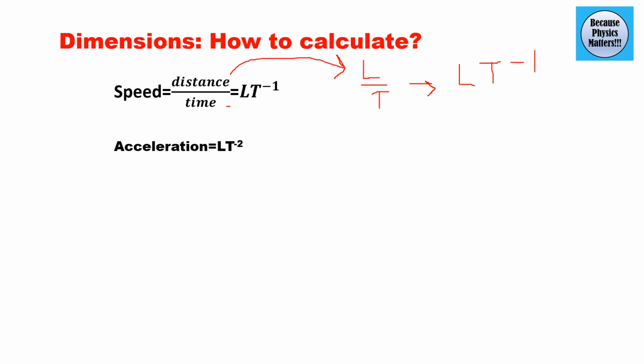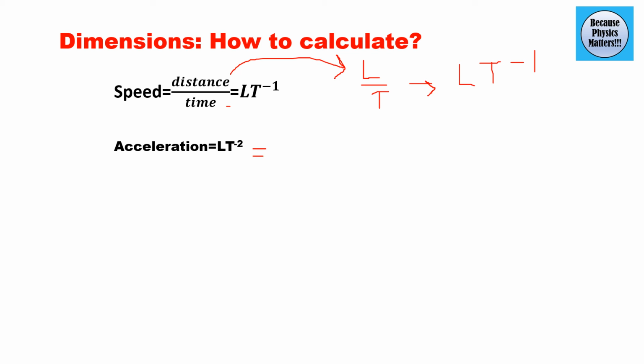That is so simple. In that way you can very easily write the dimension. I will give you another example, acceleration. Acceleration is simply change in speed upon time. Now you know the speed dimension is LT minus 1. So the upper term will be the same, LT minus 1, but in the denominator there will be time.